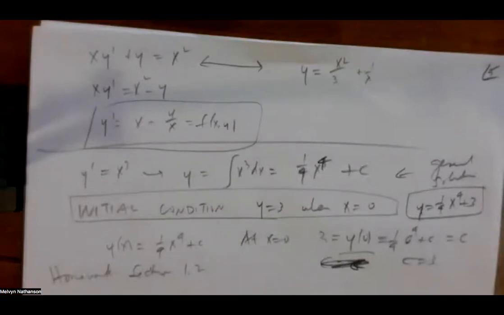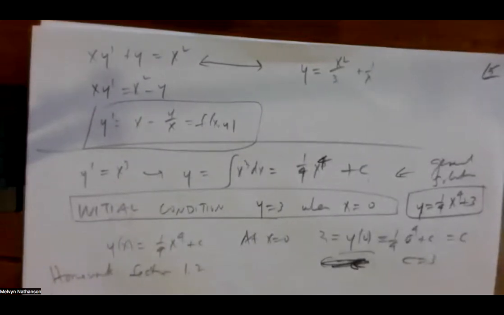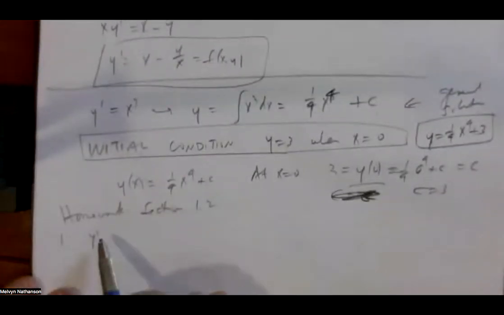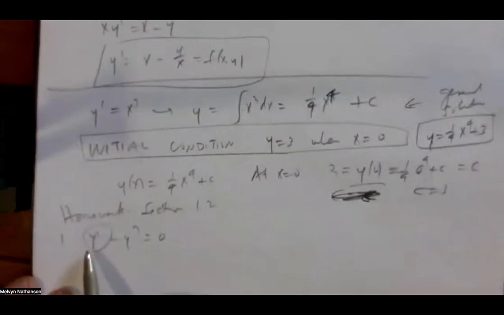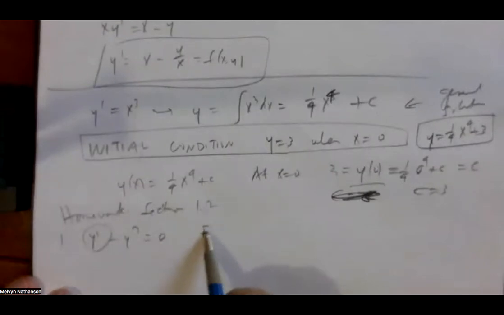First problem says, find the order of some differential equation. So for example, this is part of problem 1. If you have the equation y prime minus y to the 7th equals 0, the highest order derivative is first. So this is first order.